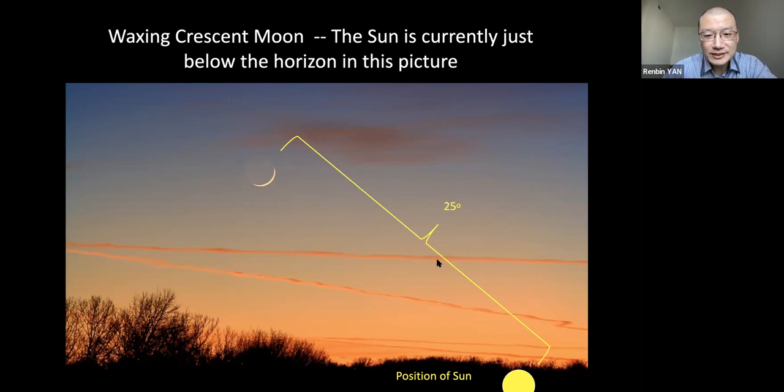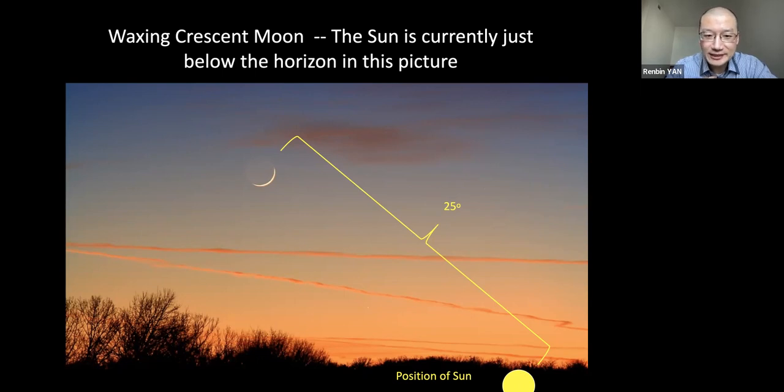So if you think about this in space, the sun is in this direction in space, and the moon is at this direction. If we look from the Earth's perspective, these are just three objects in space.